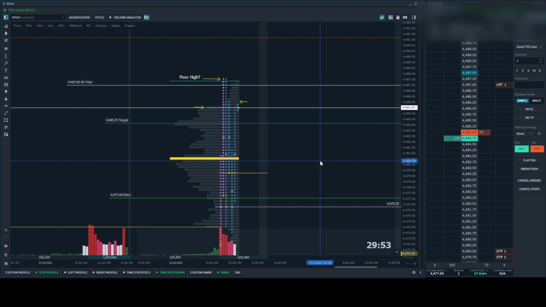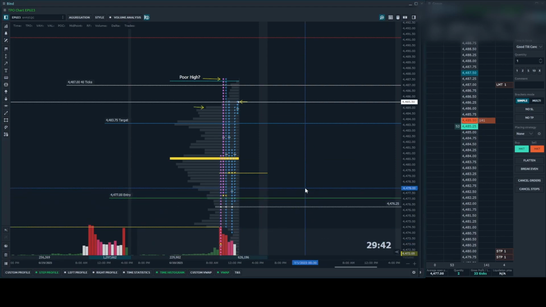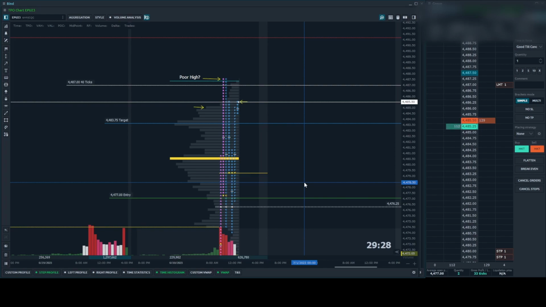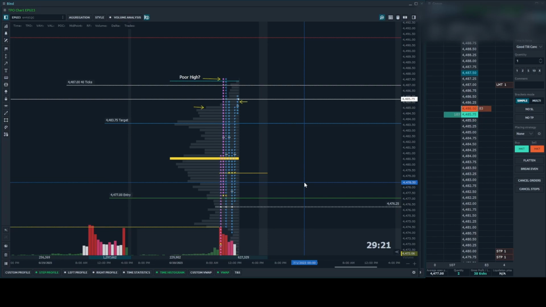We get over this D. So at this point, I feel like in my mind, it's going to fix this poor high, but you're just watching at each one of these levels to get confirmation of what you're thinking.